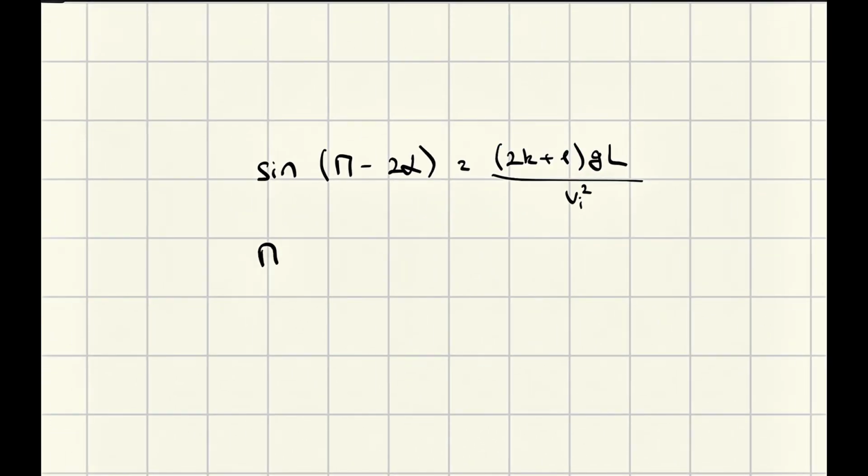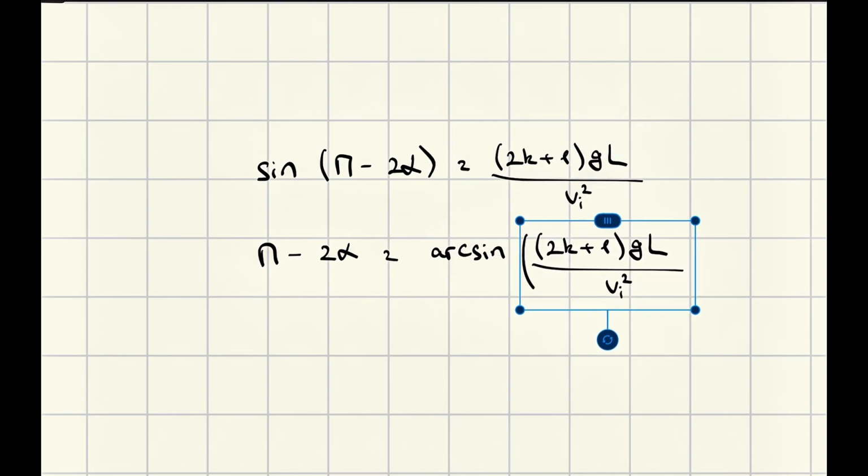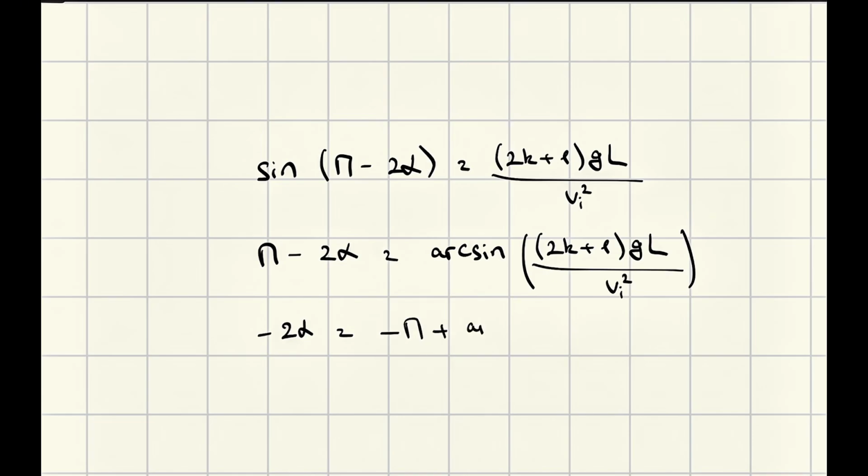And if we take it, it would be pi minus 2 alpha equals arcsine, in brackets, putting all this stuff inside of the brackets. And then what we need is to put pi on the other side. It would be minus 2 alpha equals, with pi going there as negative, minus pi plus arcsine.